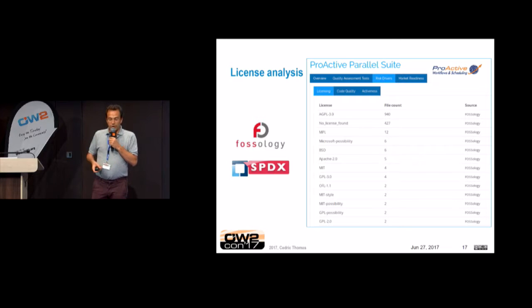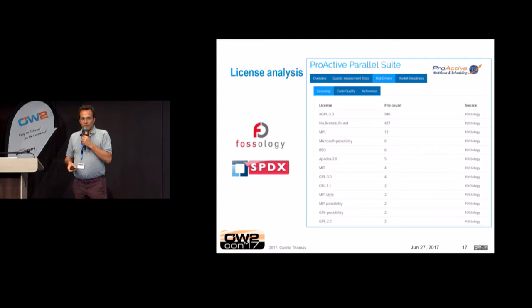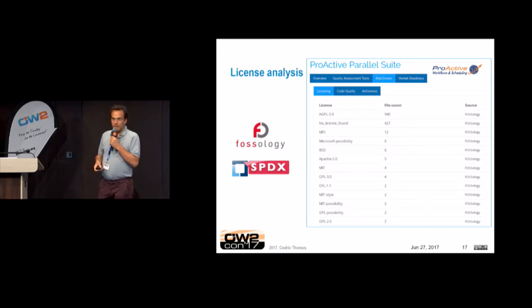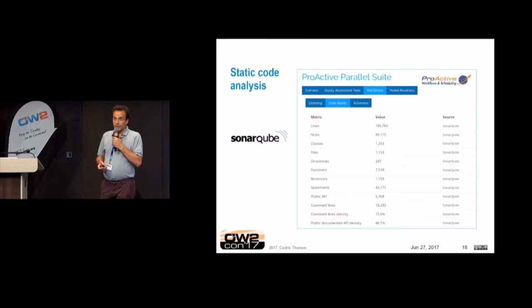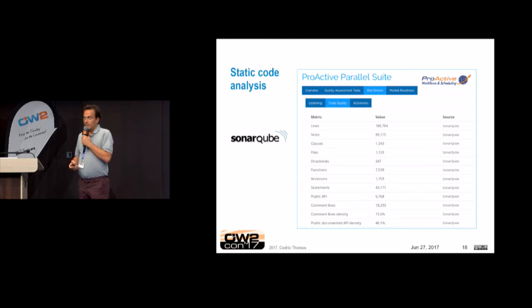So it breaks down in a list of licenses that are present in the project analyzed. Here it is proactive workflow and scheduling. We also provide metrics coming from SonarQube, static analysis of the code.